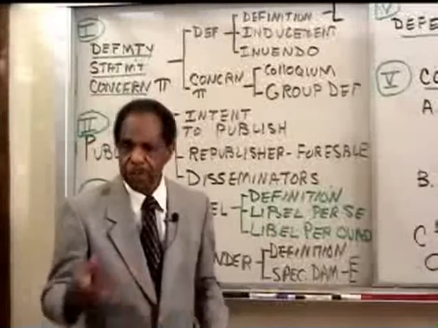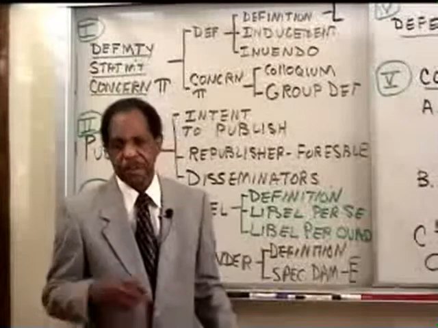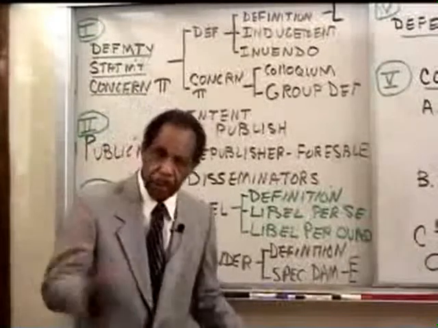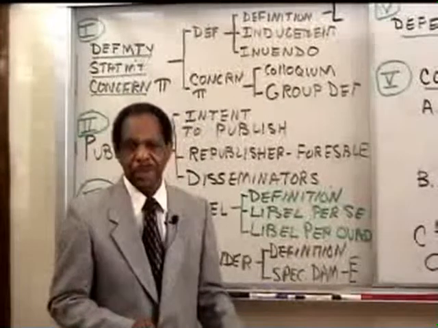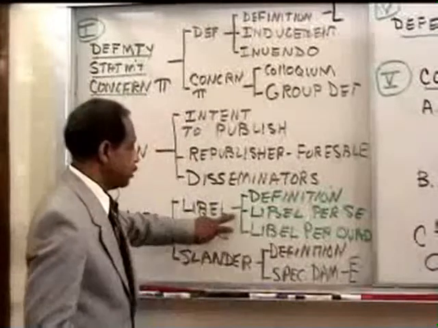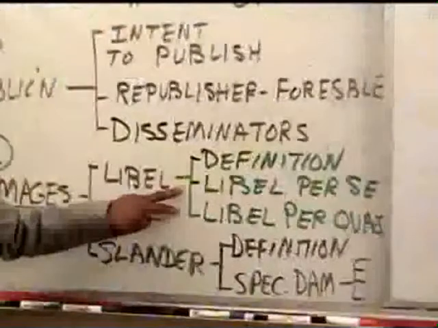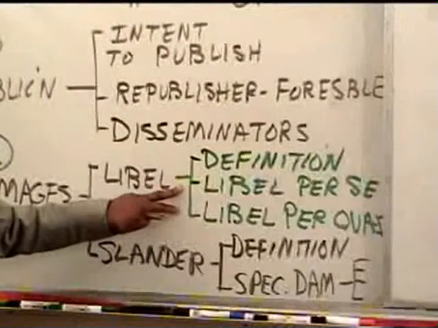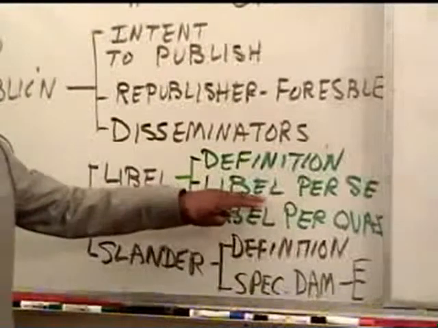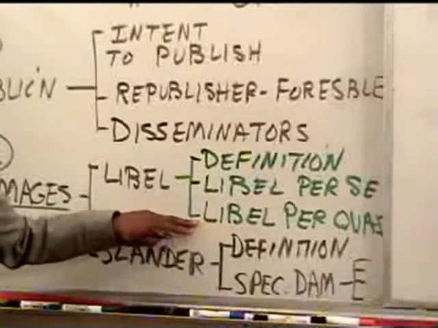If you couldn't prove that you lost money or some business opportunity, the only thing you lost was some of your reputation. Well, in these cases, you can still recover for that without monetary loss if you have libel per se or if you have libel per quod and you're in the right jurisdiction.